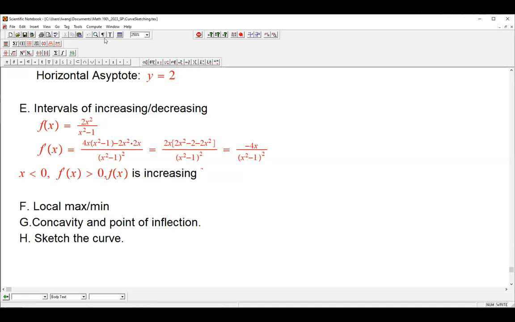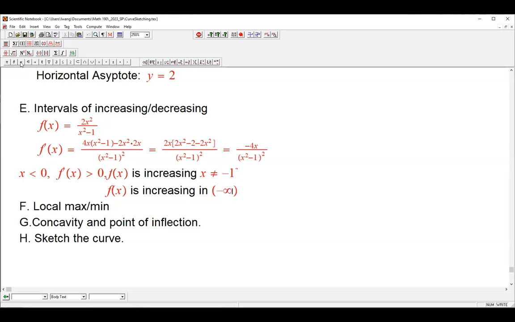But in this case, make sure x cannot be equal to negative 1. Negative 1 is not in the domain, right? So there are 2 intervals in the case of x minus 1. F is increasing in these 2 intervals, okay?